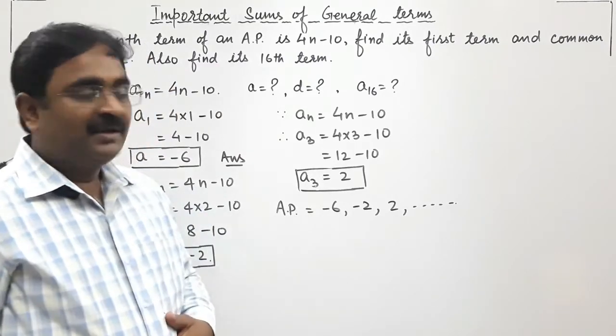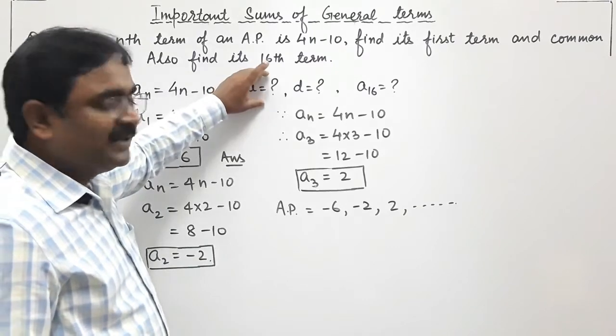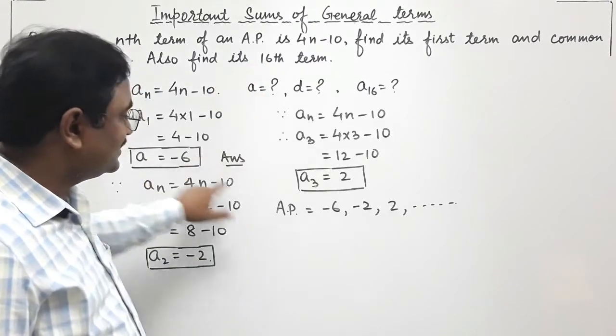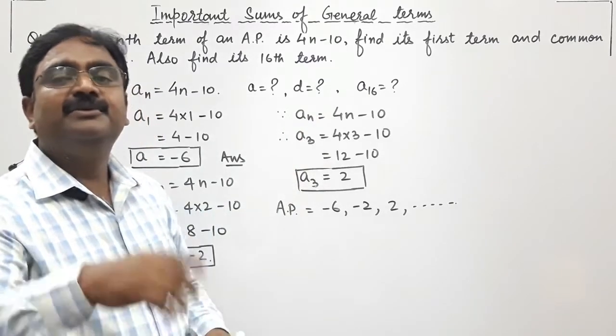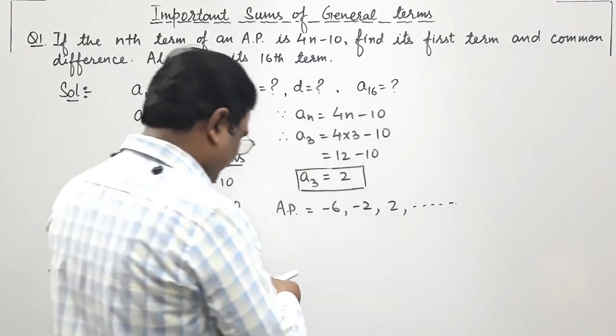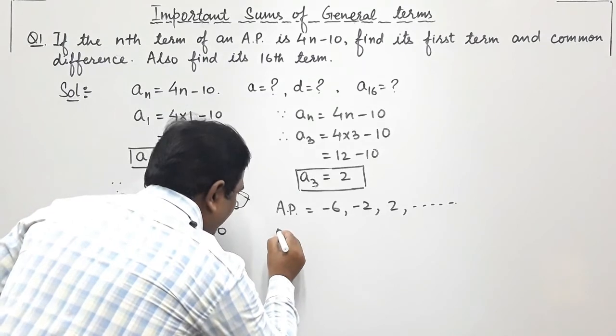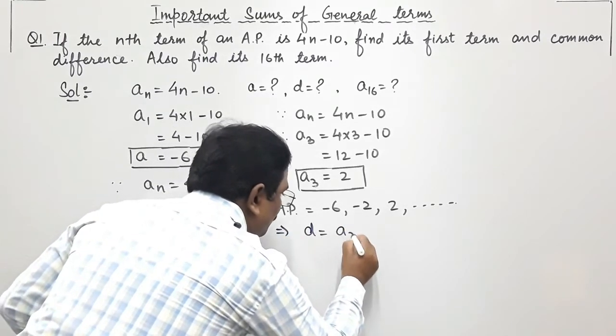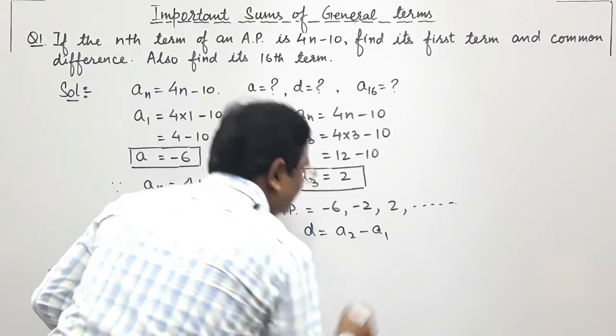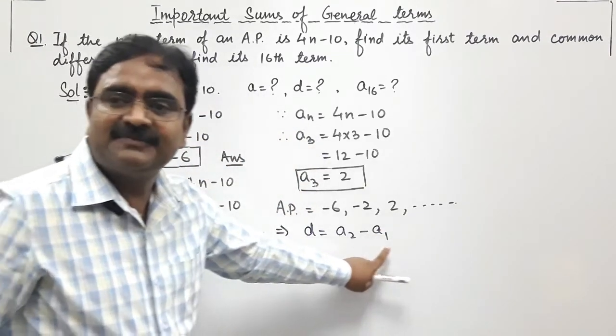Now आपका first answer मिल गया, first term which is minus 6. Now we have to find out the common difference, and you know the formula to find the common difference. Therefore common difference d is equals to a2 minus a1, means second term minus first term.